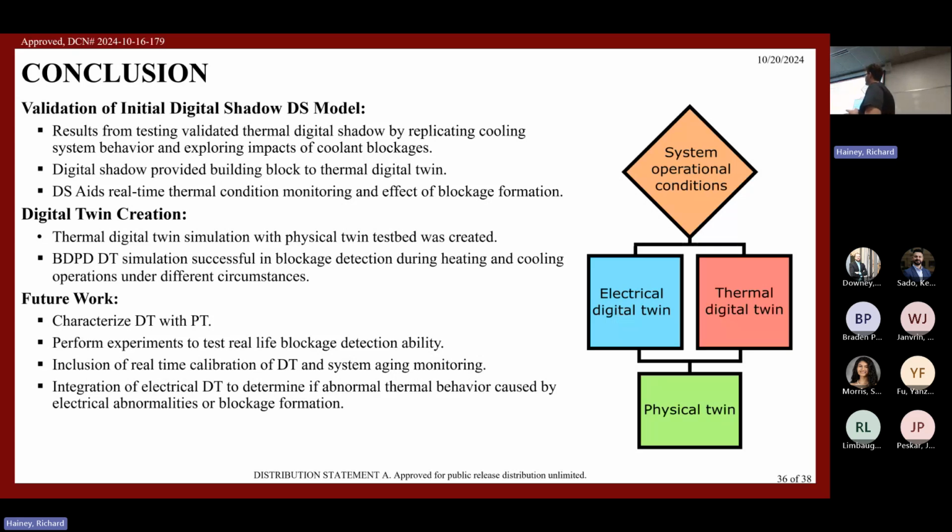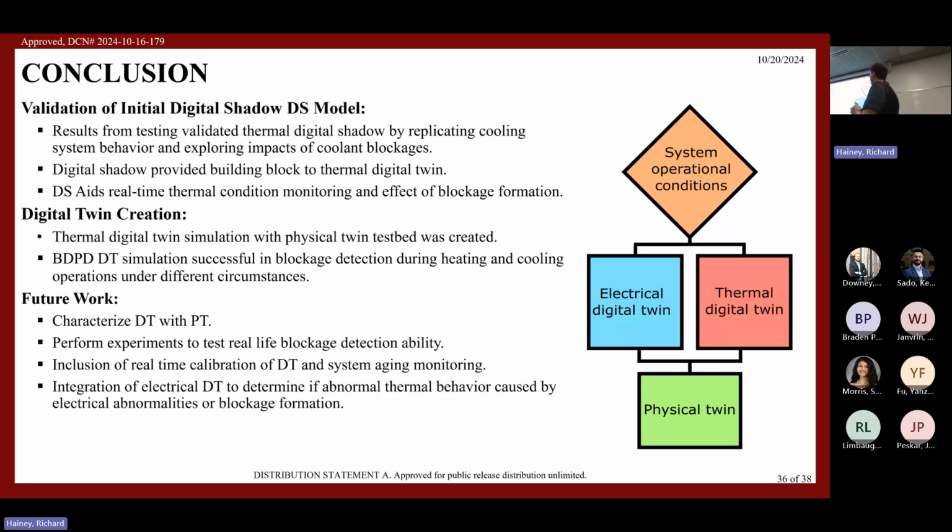We also need to incorporate a digital twin of the electrical side of our system, to see if the increase in temperature within our potential block is due to an unexpected increase in power, or if it is indeed something wrong with our coolant or the flow of our coolant within the system.